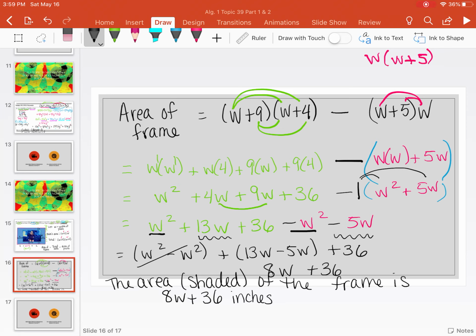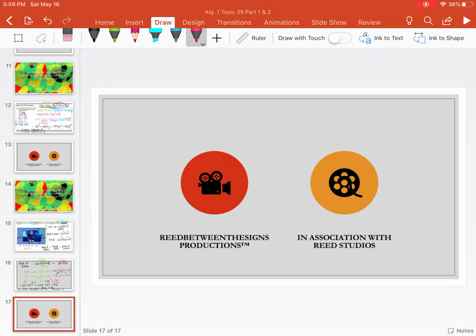And again, since we're dealing with area, it's going to be inches squared. Area is the squared unit. And that is it. Thank you for watching Topic 39 of Algebra 1, multiplying polynomials, specifically multiplying a polynomial times a polynomial in a word problem.